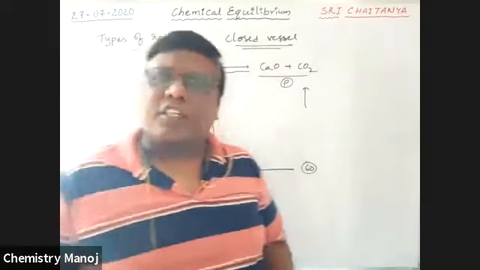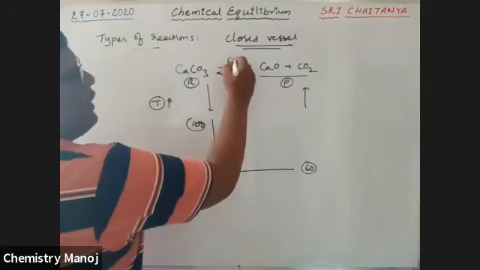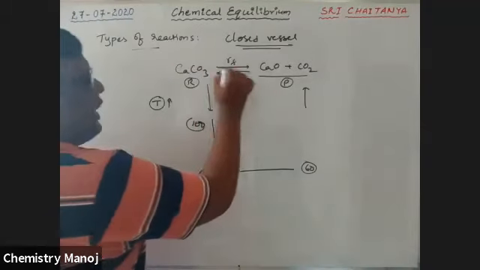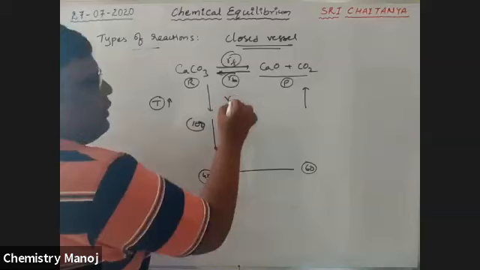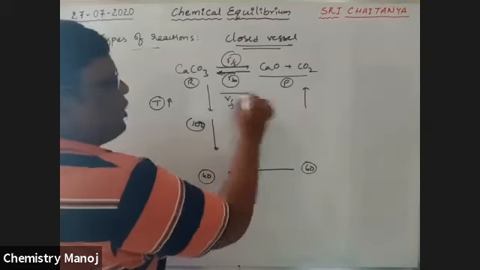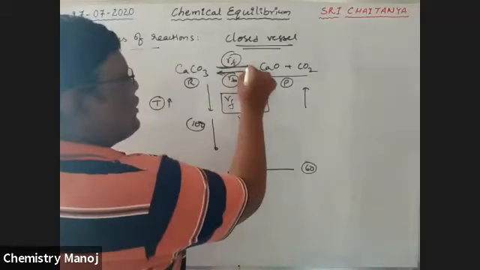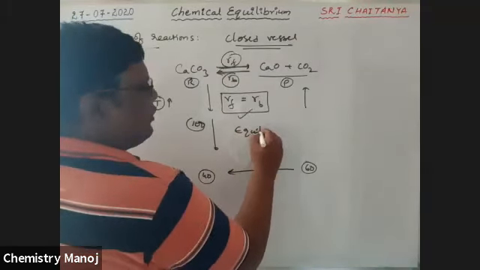That particular stage where this is the rate of forward reaction and that is the rate of backward reaction, the state at which the rate of forward reaction is equal to the rate of backward reaction, in a reversible reaction is called the equilibrium state.